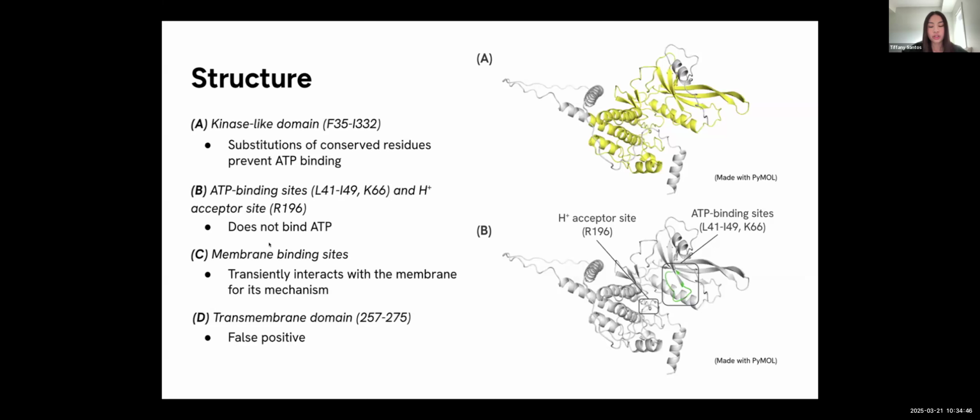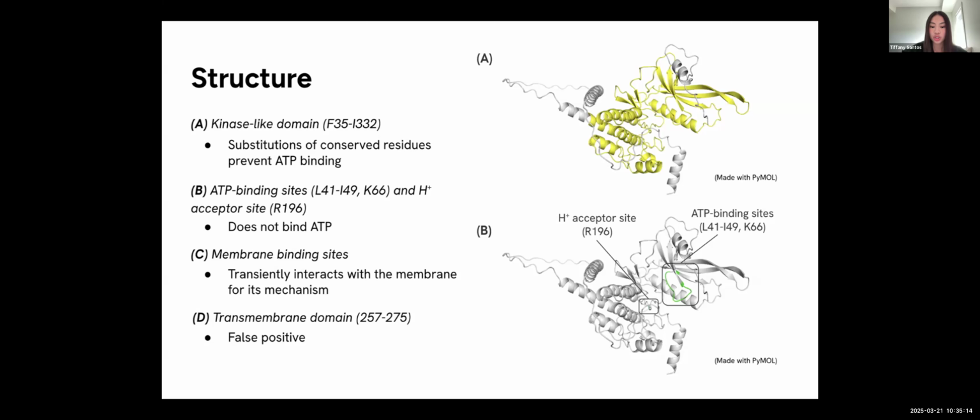So there are 4 key features of this kinase. First, it contains a kinase-like domain made of residues 35 to 332, shown in figure A here, highlighted in yellow. Substitutions in conserved residues prevent ATP binding, making it a pseudokinase. The particular substitution that prevents ATP binding is alanine to glutamine at residue 64 because glutamine projects into the site that ATP would normally bind at.